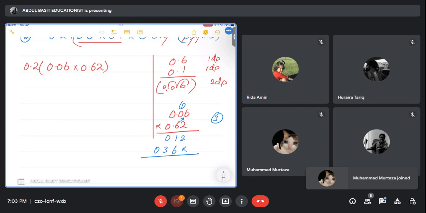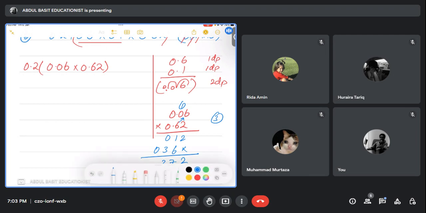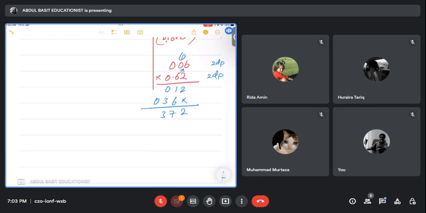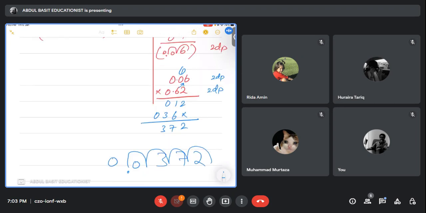So just add it: 2, 7, 3. Now you have to check the decimal places. There are 2 dp here, 2 dp here. So the answer would have 4 dp: 1, 2, 3, 4. So we have to write an extra 0 here and here as well.